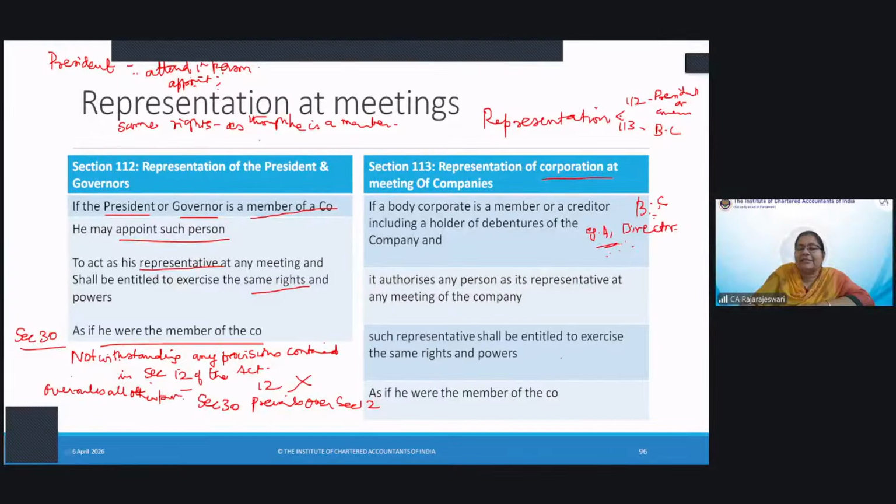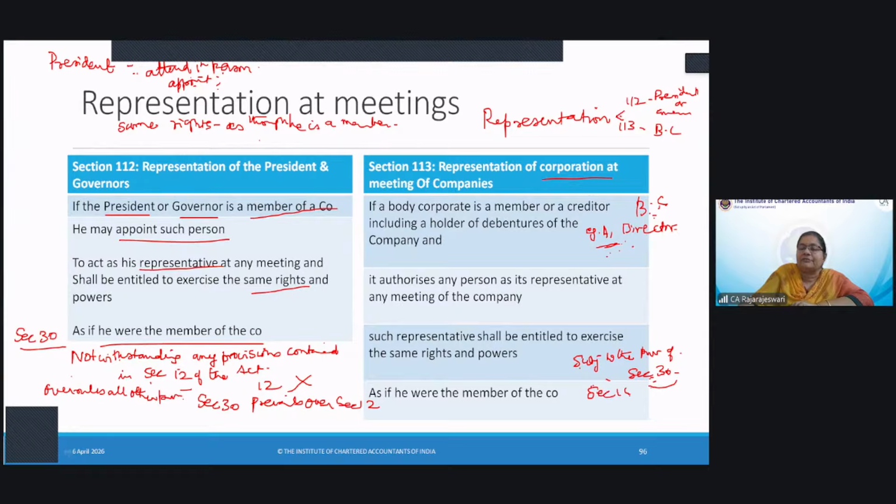In certain cases, you will find that it says subject to the provisions of section 30. That means section 30 is prominent, it has got priority. Subject to that, whatever has not been specified in section 30, then this section will be applicable.